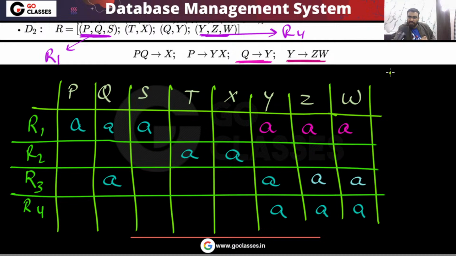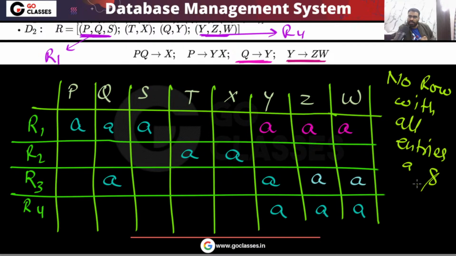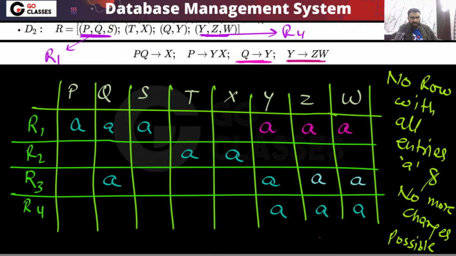Please notice that there is no row with all entries a, and no more changes are possible. In this situation, I can stop and say that this decomposition is lossy.